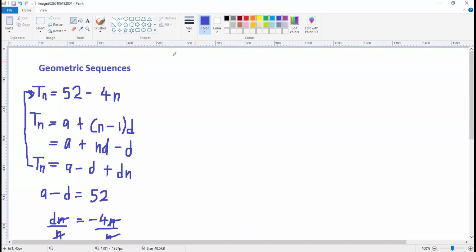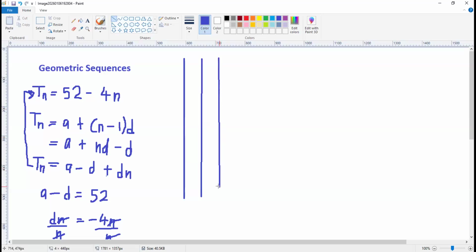Sorry, let me draw my line. So tables usually look something like this. And then I'll just have one across like this. Okay.